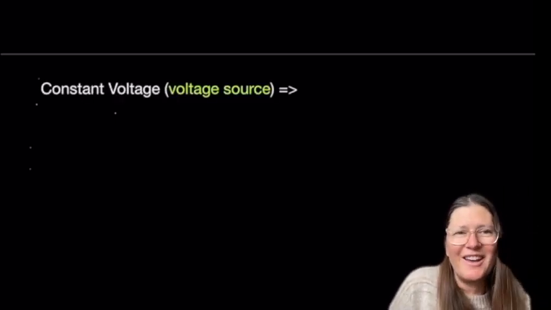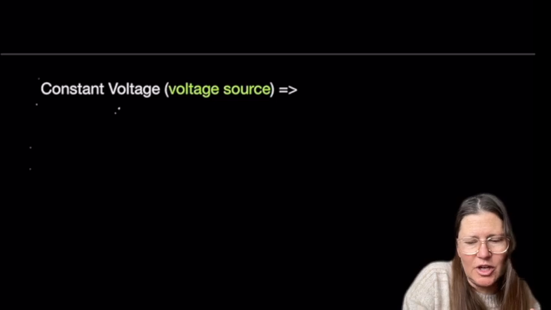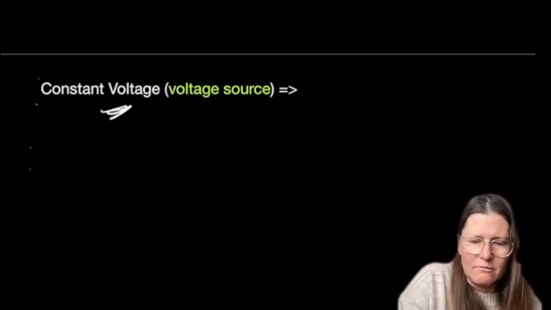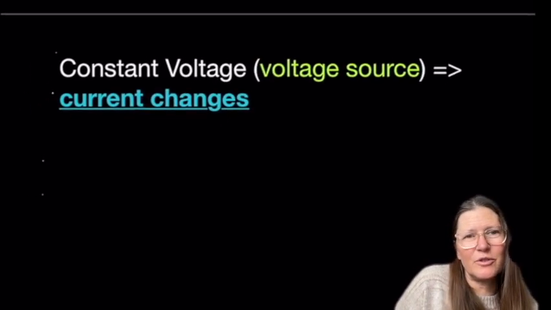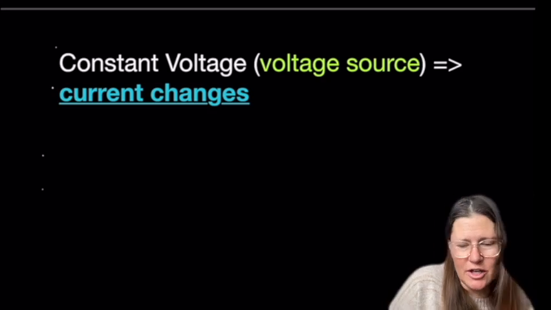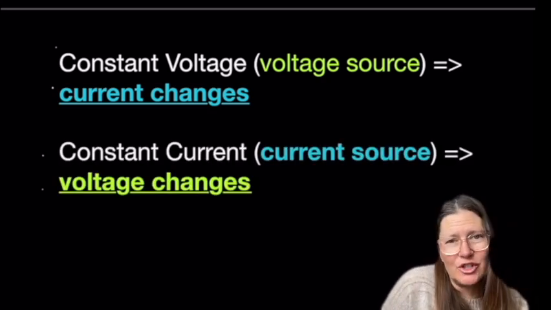If you have a constant voltage source, the current can change. And if you have a constant current, the voltage can change.